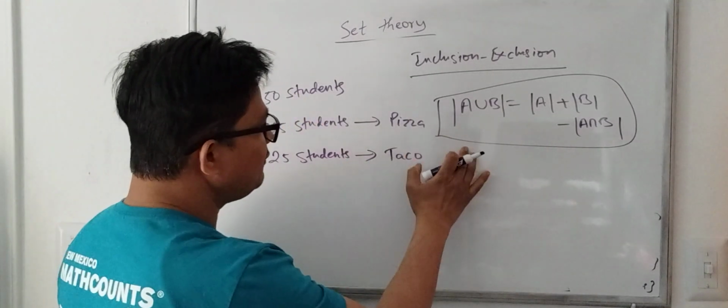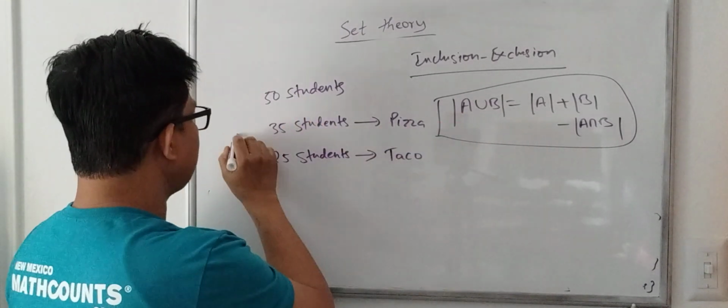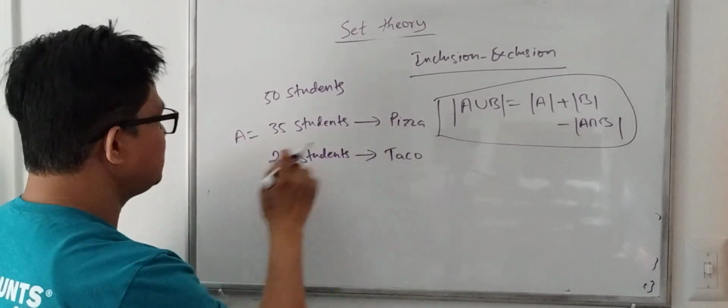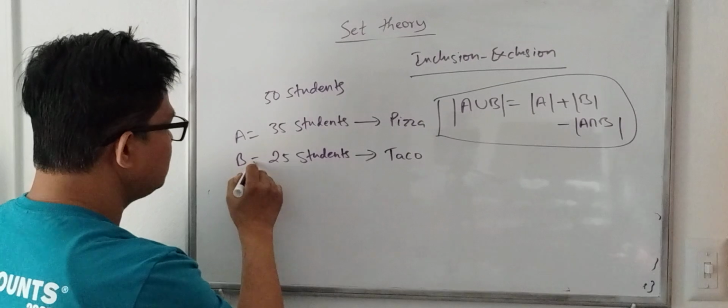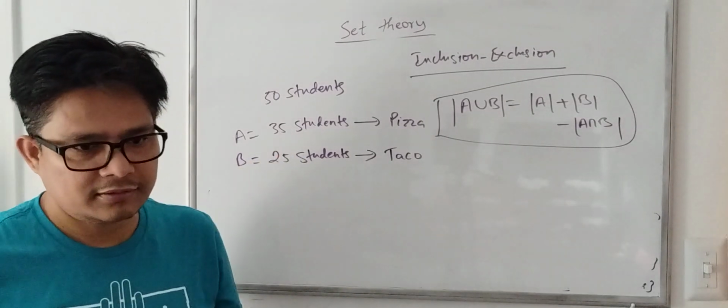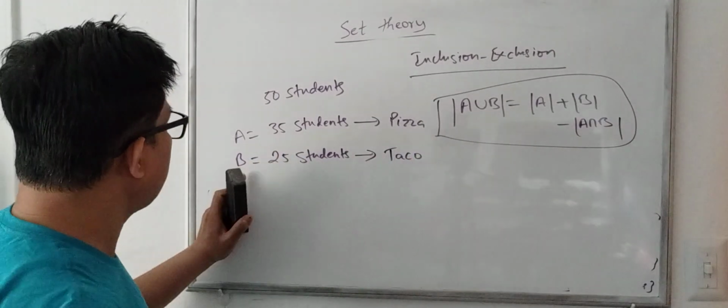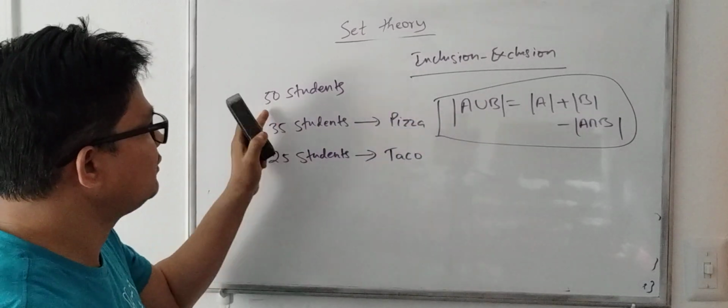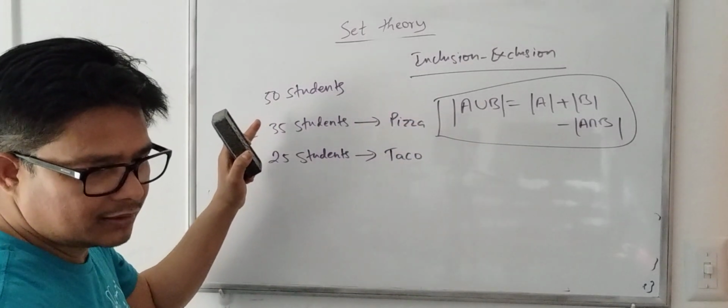So we have to use this formula. So let's call it A, students liking pizza, and B, students liking taco. Okay? So A union B is given, 50 students. Okay?